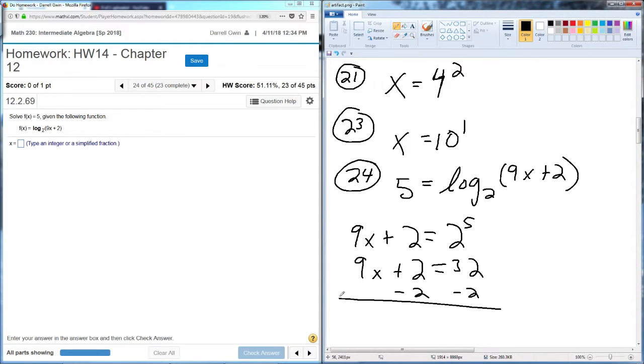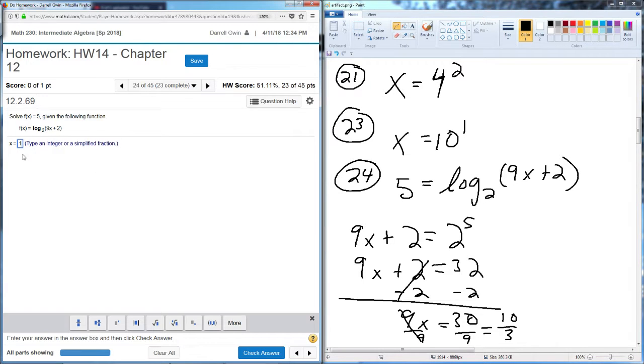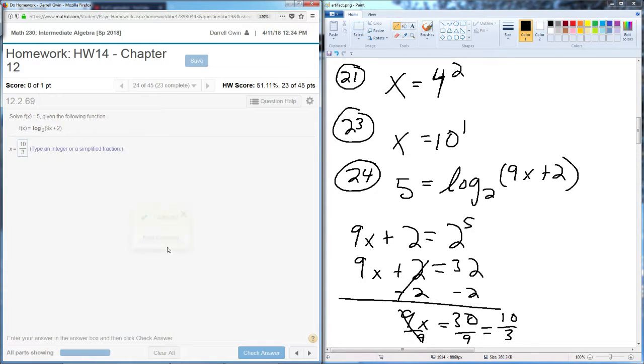Subtract 2 from both sides: 9x equals 30. Divide by 9, and we have x equals 30 over 9. But you can reduce that by 3: 30 divided by 3 is 10, 9 divided by 3 is 3. So x equals 10 over 3.